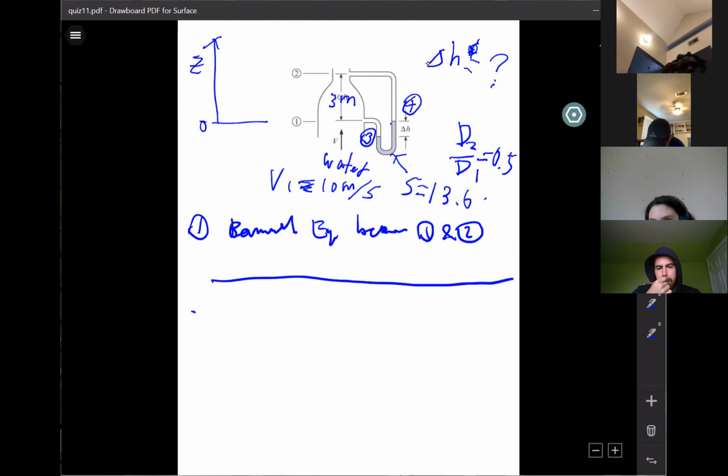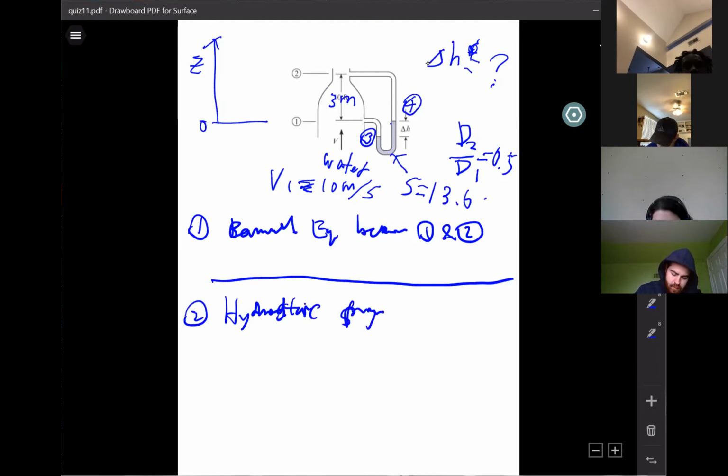The second step, hydrostatic principle, exactly the same as last time. If you really still cannot get this, that's your fault. I posted the solution already. Hydrostatic principle between 1 and 3, 2 and 4.